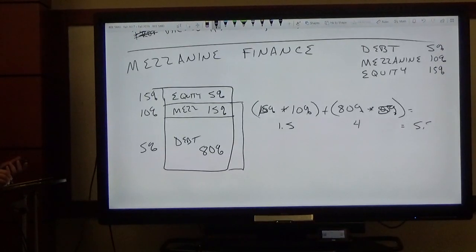So basically, the weighted average just on the debt side would be 5.5.